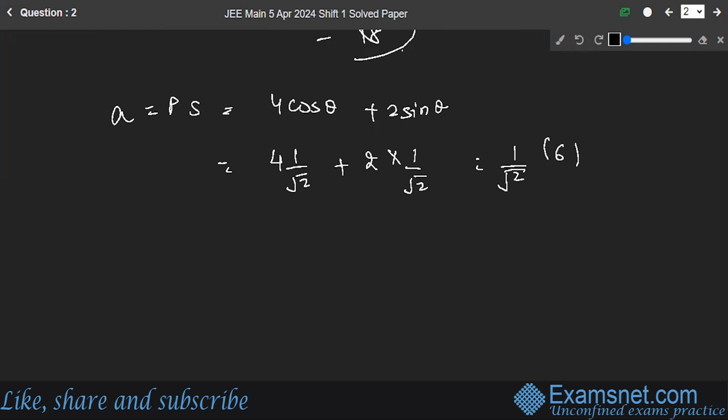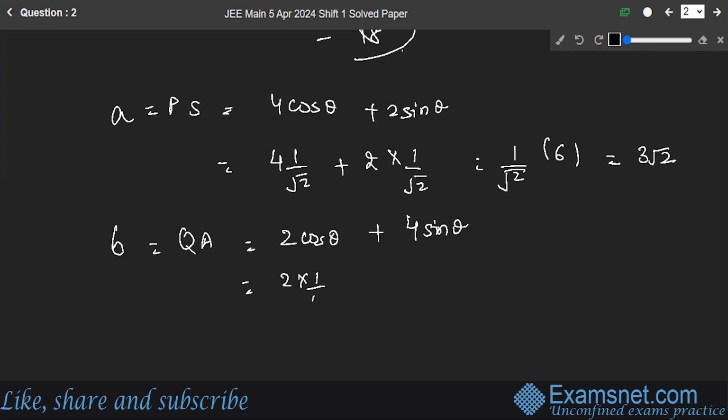This is 6 upon root 2, or you have 3 root 2. Okay, this is your A, and B was equal to your QA, which is 2 cos theta plus 4 sin theta. 2 into 1 by root 2, 4 into 1 by root 2. This is the same 6 upon root 2, which is equal to 3 root 2.